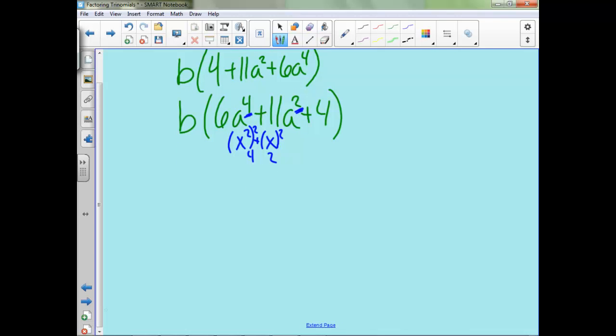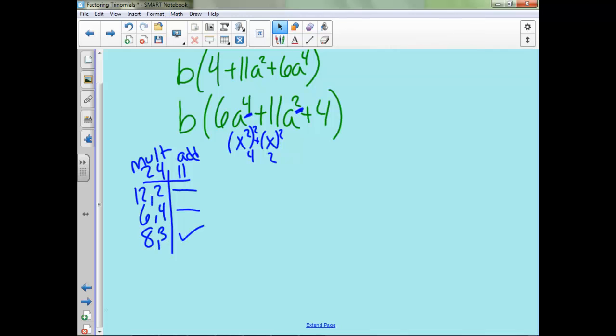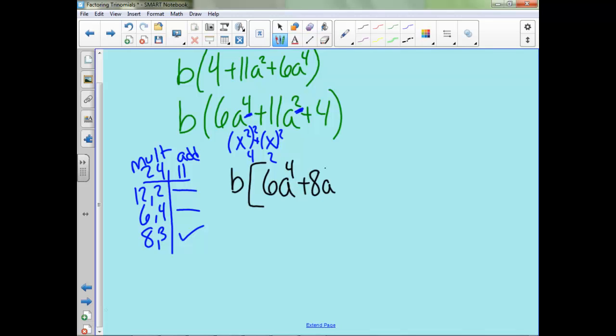So now, we've got to find two numbers that multiply to 24 and add to 11. So we're going to have this b out front. And we're going to have 6a to the 4th plus 8a squared plus 3a squared plus 4.